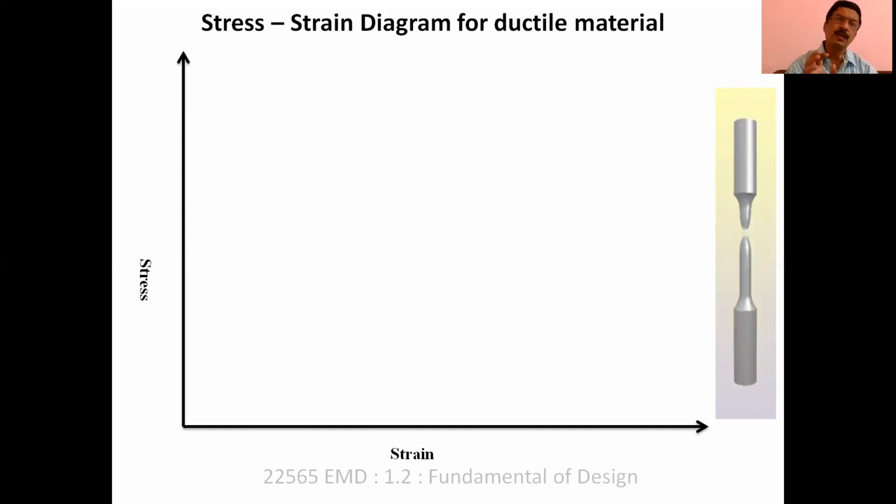Here we'll see stress versus strain behavior, which is also called a stress strain diagram, for ductile material. Ductile material means what? If you define a ductile material, it is the ability of a material to be drawn into wires. That means if I pull the material, it can be drawn into a thinner wire. So that is a ductile material. For example, mild steel is a ductile one.